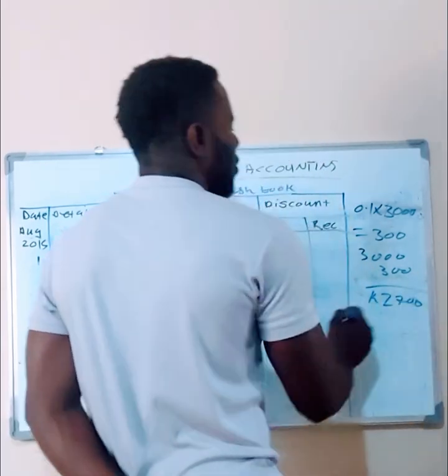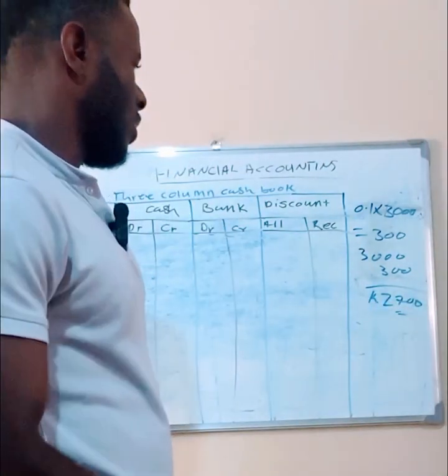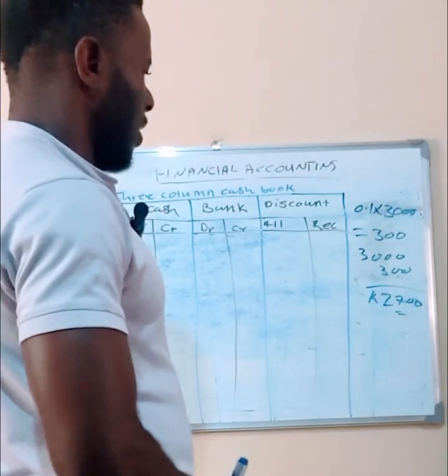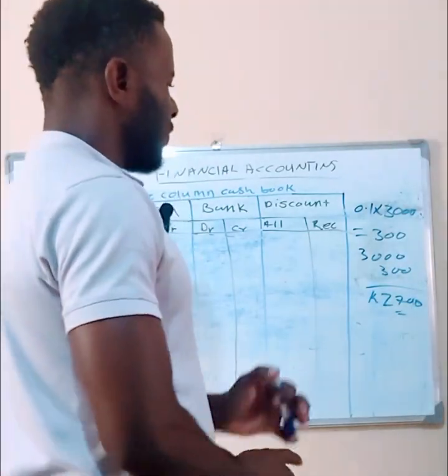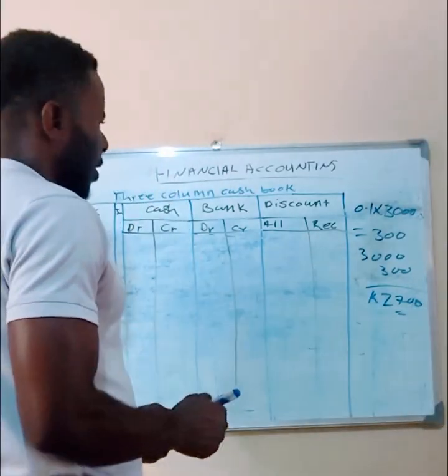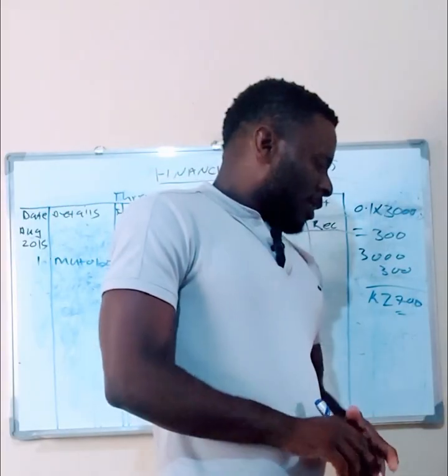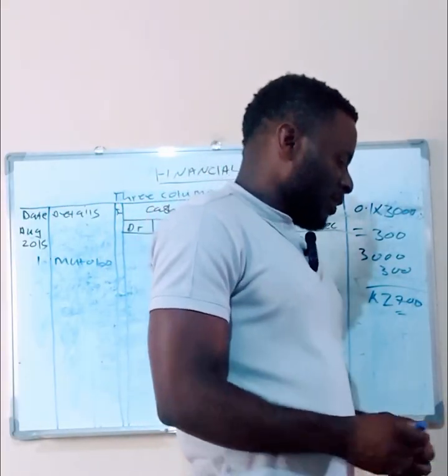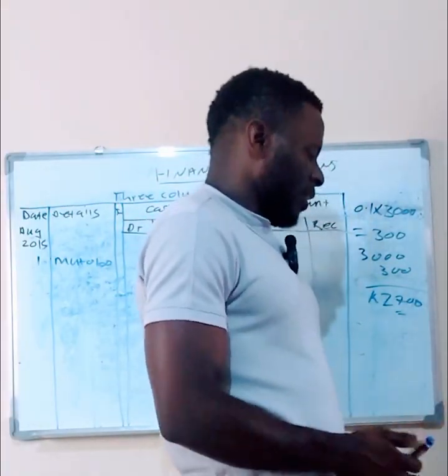2,700 is the amount that we ended up paying. So this person is the one that was giving. We were receiving the goods.